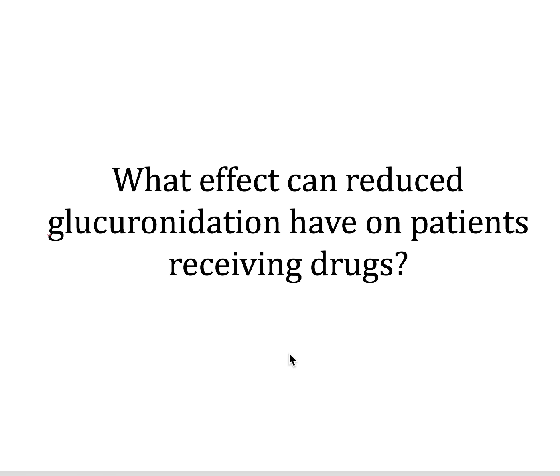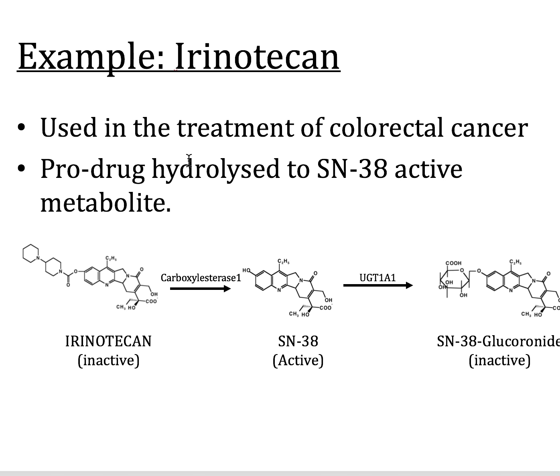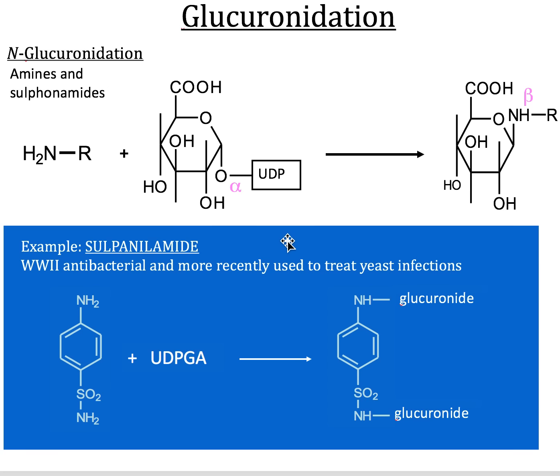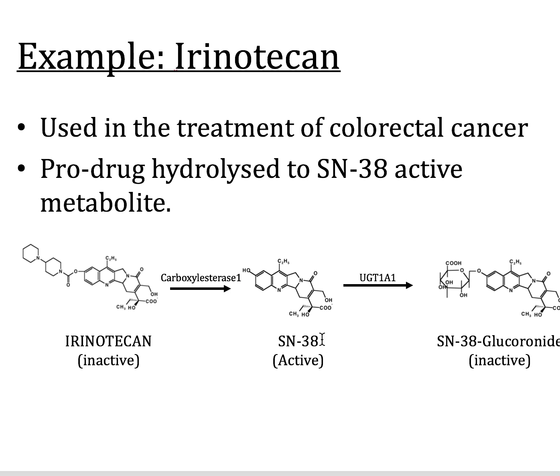Okay, what effect can reduced glucuronidation have on patients receiving drugs? Now irinotecan is used in colorectal cancer, and this is catalyzed by UGT1A1. If you remember, we go back here, 1A1 is paracetamol, simvastatin, irinotecan. So this is used to convert it.